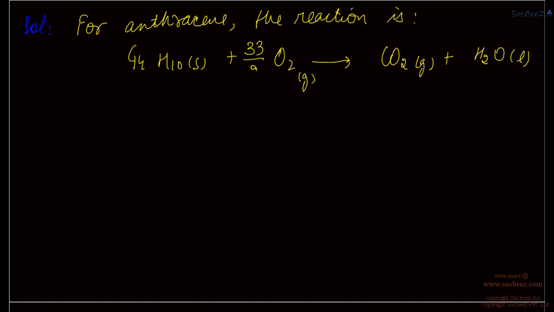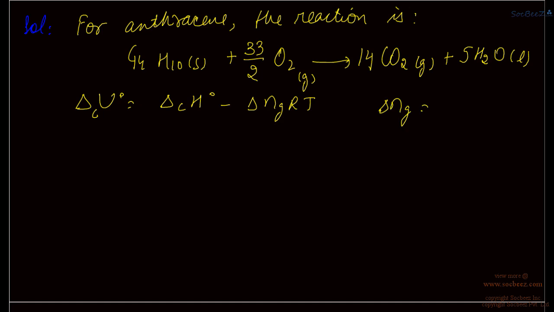If we balance this equation, we come to the conclusion that the stoichiometric coefficient of O2 is 33/2, that of CO2 is 14, and that of H2O is 5. So delta U of combustion is delta H of combustion minus delta n RT.